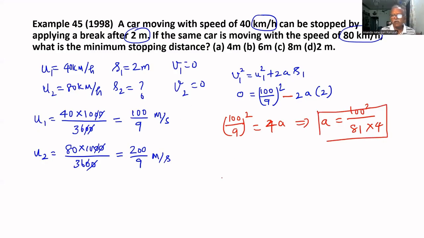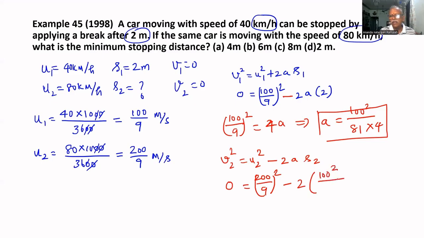Second equation, what we will get? V2 square equal to U2 square minus 2A S2. S2 we have to find. So this is 0. U2 is 200 divided by 9 whole square minus 2 A, and A we already found as 100 square divided by 81 multiplied by 4, times S2.